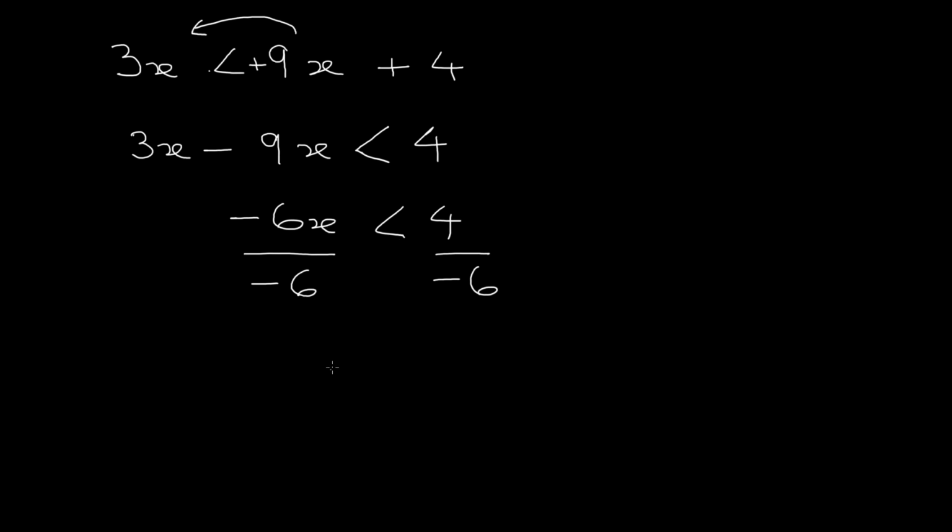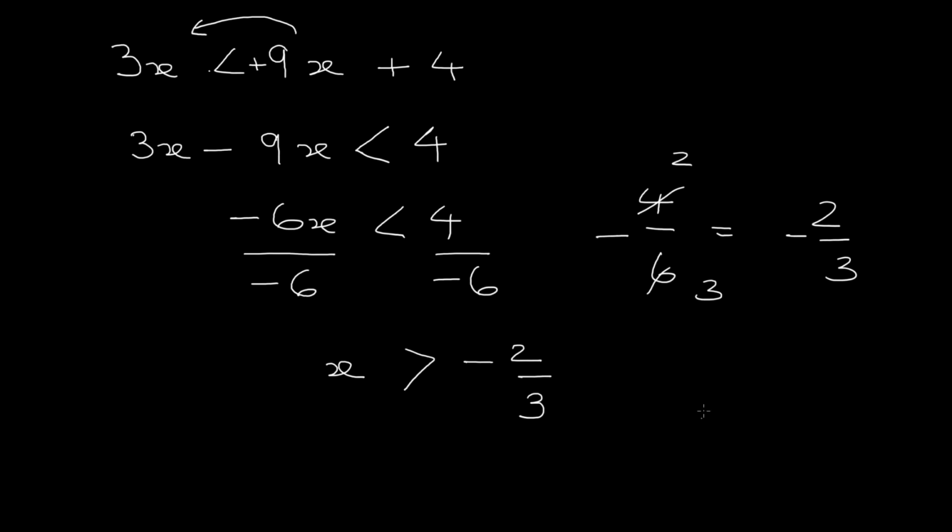Okay, so x is greater than negative 2/3. That is because I've reduced 4/6 to 2/3: I divide by 2 here, I divide by 2 here, then this becomes 2/3. But remember, we have a negative, so it becomes minus 2/3. That's the solution for the first one.